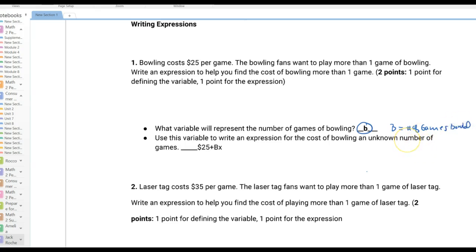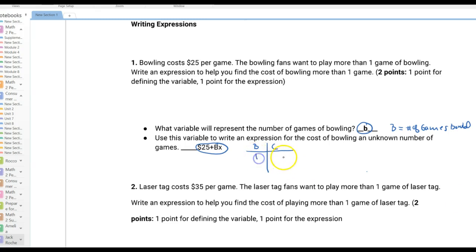All right? But then when you talk about using this variable to write an expression for the cost of bowling an unknown number of games, you put 25 plus B times X. Now, I'm not going to give you how to do this, but let B equal the number of games and C be the cost for that.